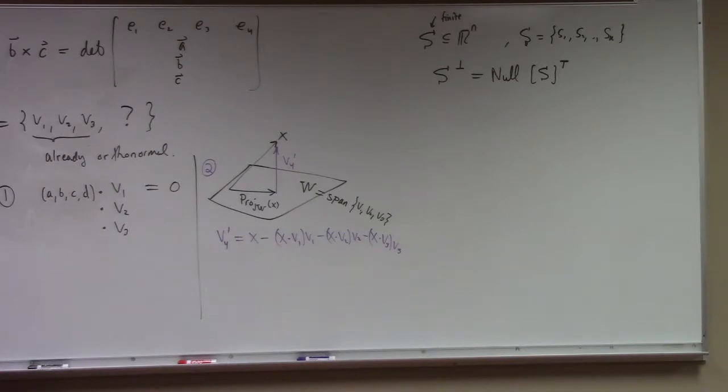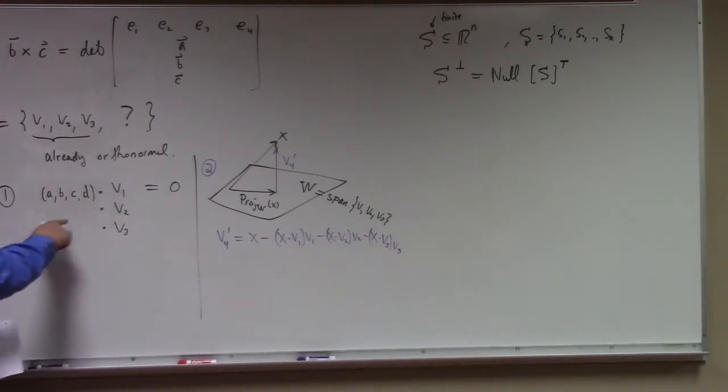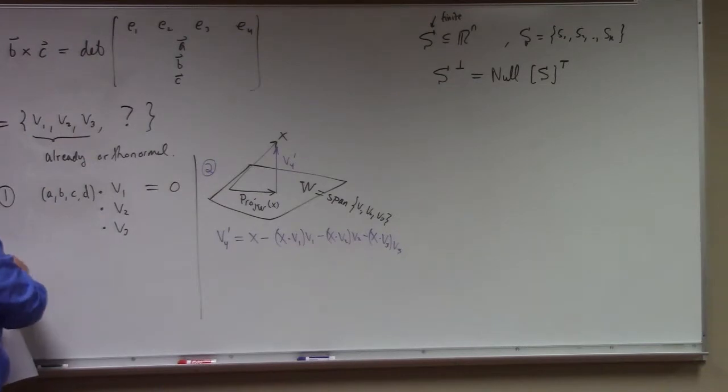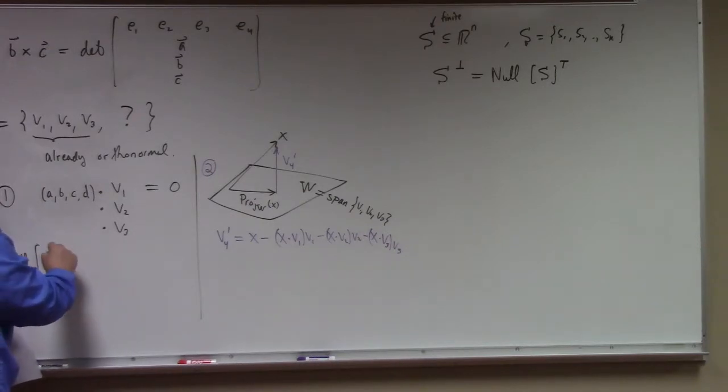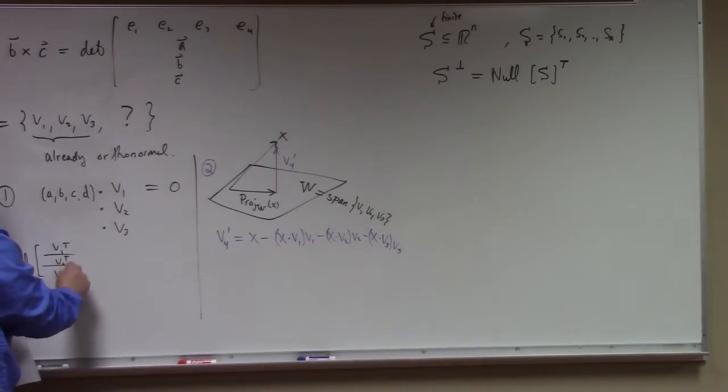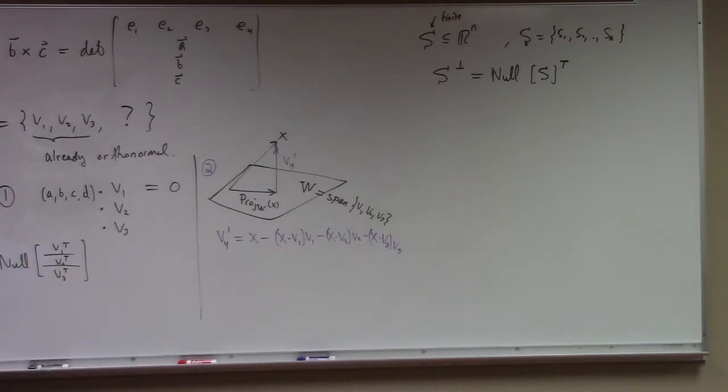And null space, that's not a big deal. You can do that calculation. That's what's driving method number 1 here. What we're really calculating is the null space of v1 transpose, v2 transpose, v3 transpose. If you're smart, you'll throw away the pesky renormalization constants to have integer algebra to do.